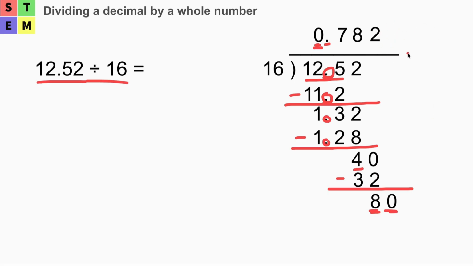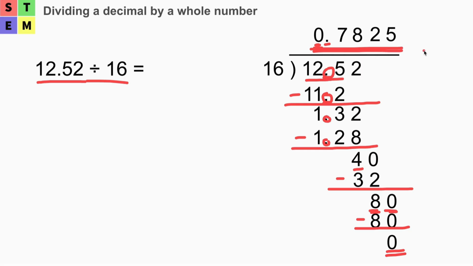How many 16s are there in 80? We'll have 5, and 16 times 5 equals 80, right? So 80 minus 80 equals 0. That's the end of the calculation. And here's the result we have.